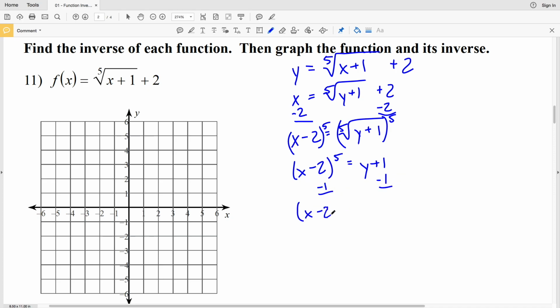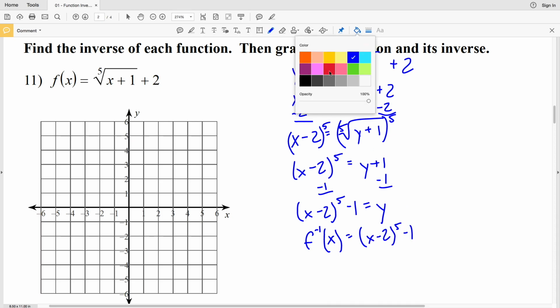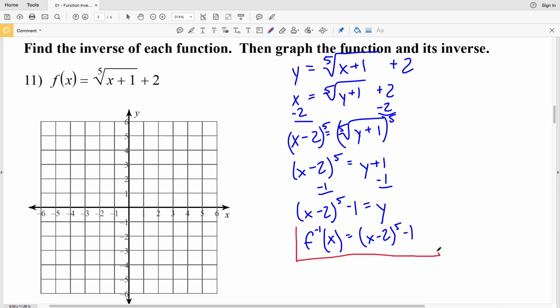So (x minus 2) to the fifth minus 1 equals y. Now that we've solved for y, we'll write this back with the proper notation. So the inverse function of x equals (x minus 2) to the fifth minus 1. So now you can see we've solved for the inverse of the function.